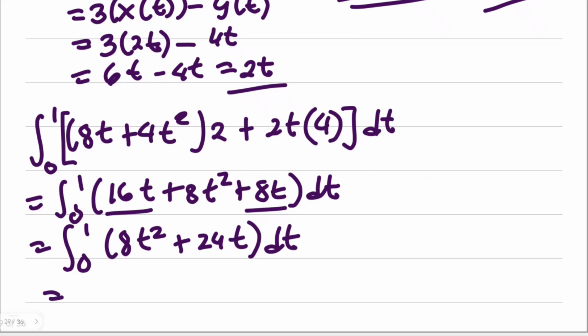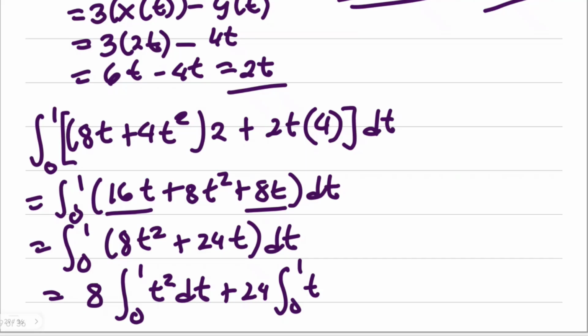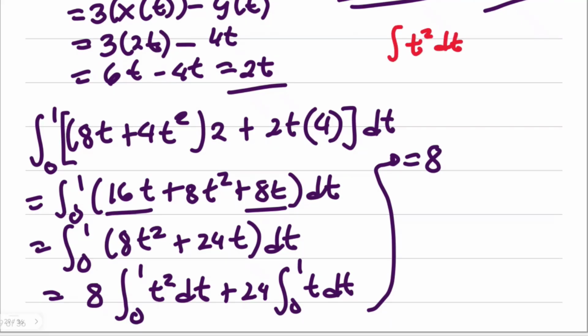By linearity property, you have 8 integral from 0 to 1 of your t squared dt plus 24 integral from 0 to 1 of your t dt. Let me see if this space is enough. For your first 8, as we take the integral of t squared dt is actually t cubed over 3. We know that. And the integral of your t dt is t squared over 2.